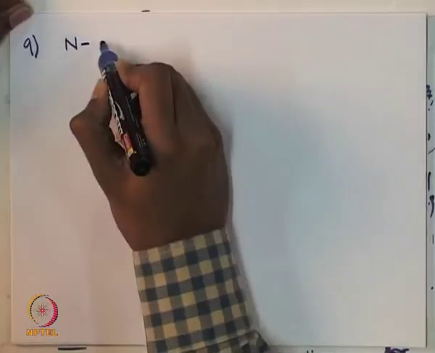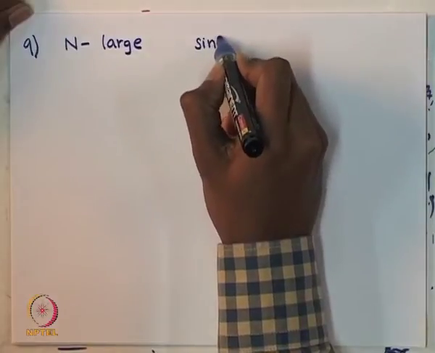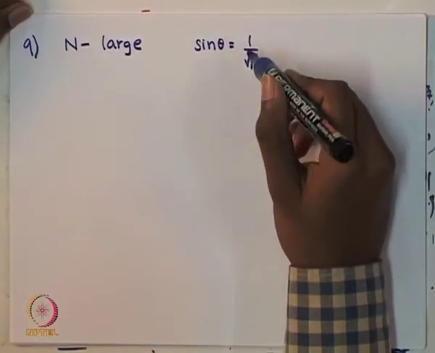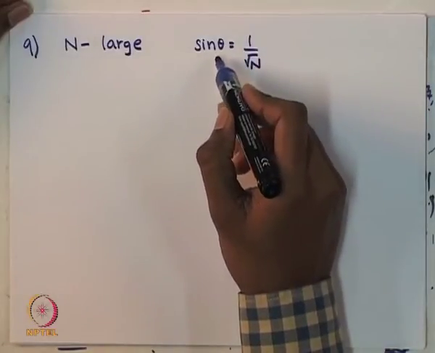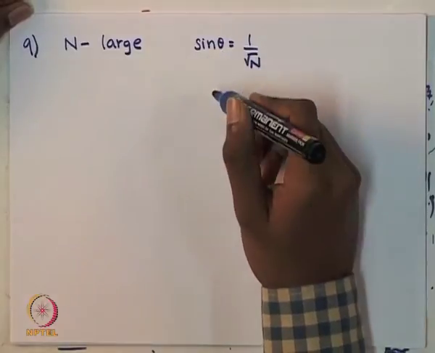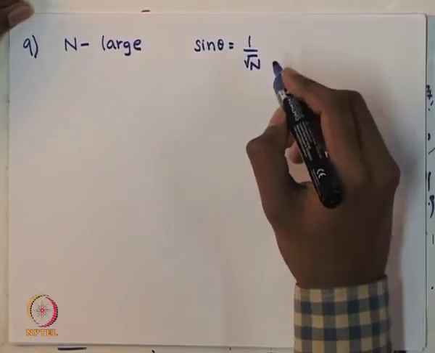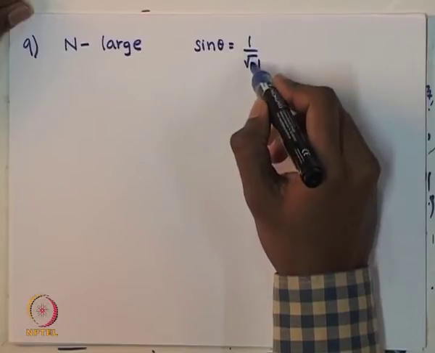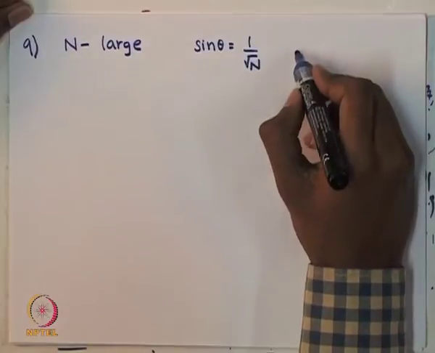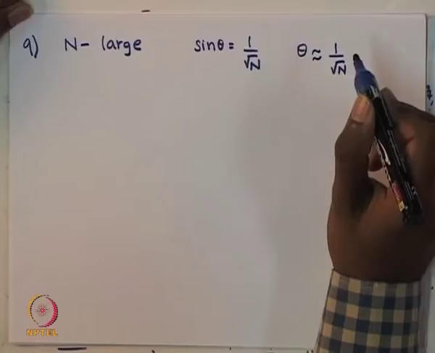Sin theta, where theta is such that pi by 2 minus theta is the angle between S and W. Here we have sin theta equal to 1 by square root n. As n is very large, 1 by square root n would be very small. When sin theta is very small, we can approximate it to theta. So theta is 1 by square root n.